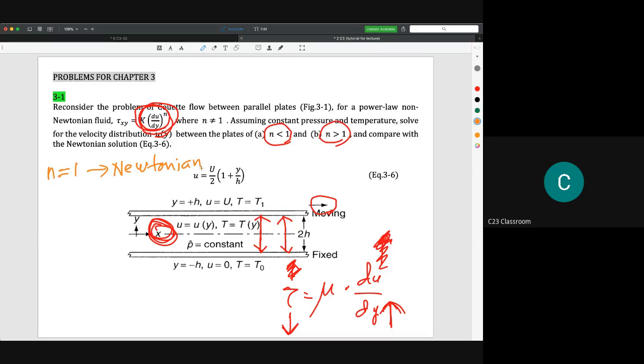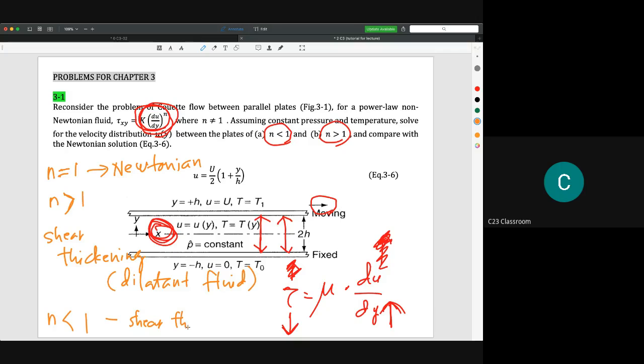But if n is more than 1, it refers to shear thickening fluid, or it is called dilatant fluid. But if n is less than 1, it refers to shear thinning fluid.